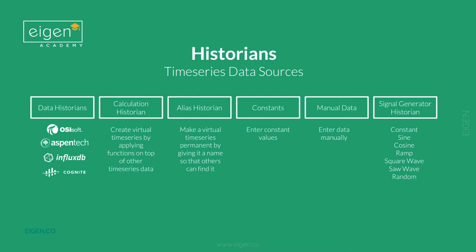We have an alias historian, which allows you to make virtual time series more permanent by giving it a name so that others can find it. Then we have constants, so you can enter just a constant value such as a limit. We have manual data, so you can enter a set of manual data, say from a spreadsheet. And we have a signal generator historian, which generates known functions, repeatable functions such as constant sine waves, cosine, ramps, square waves, saw waves, and repeatable random functions.